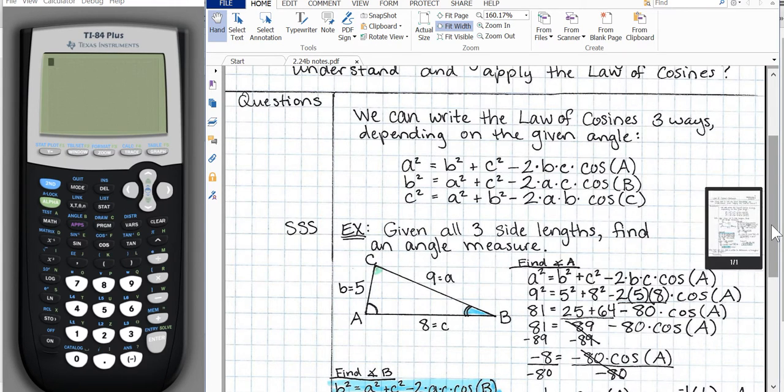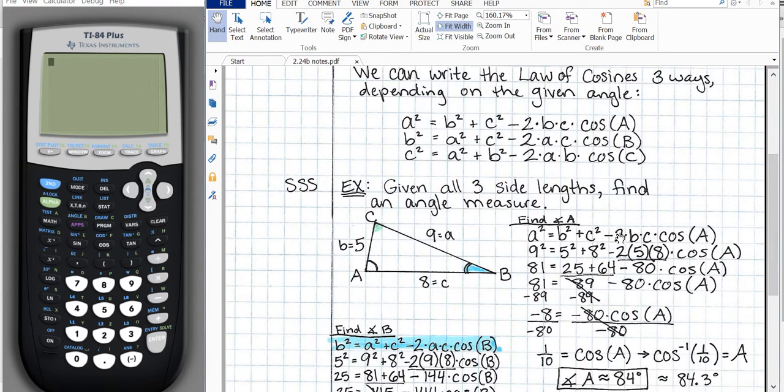So, we set up our equation, starting out with a squared equals all that stuff. Next, we plug in our values. We're going to start out with 9 squared equals 5 squared plus 8 squared minus 2 times 5 times 8 times the cosine of angle A. We don't know what angle A is, so we just leave an A in there. Alright, and eventually we're going to solve for A. We have to simplify everything that we have first.